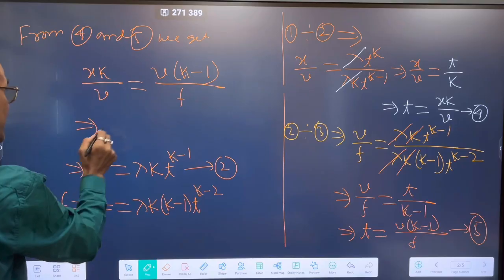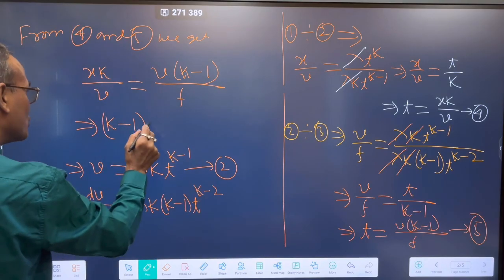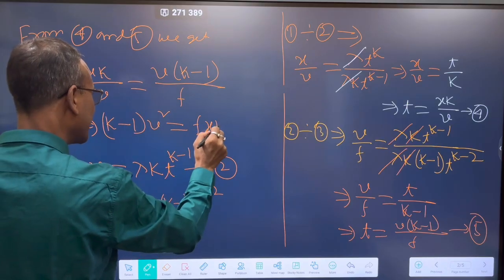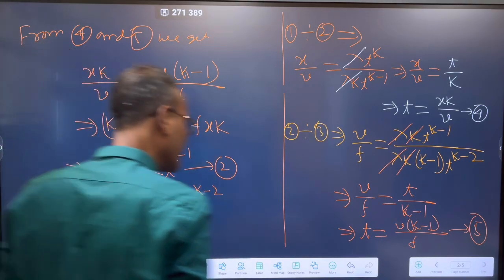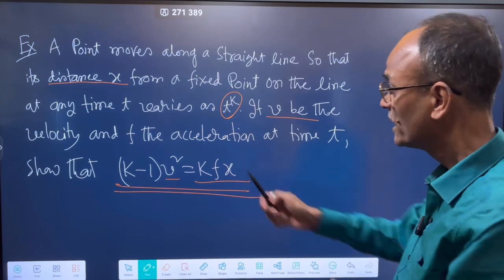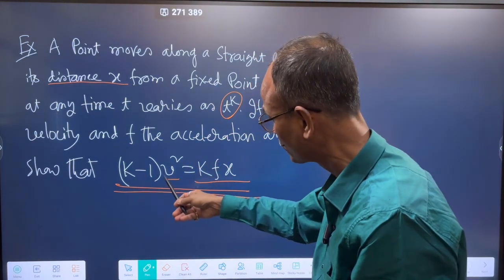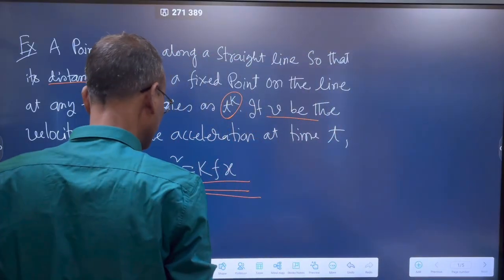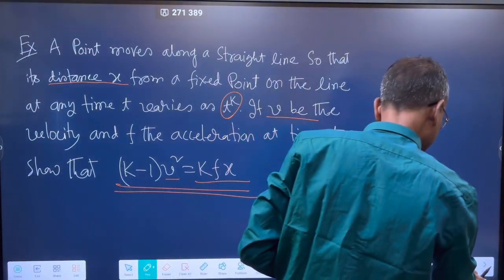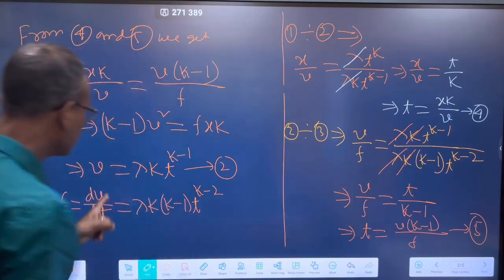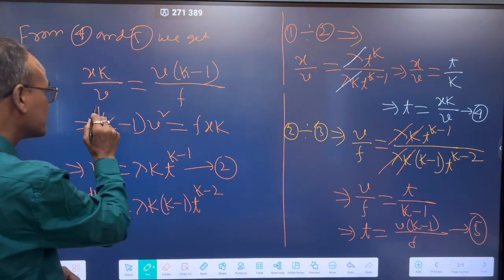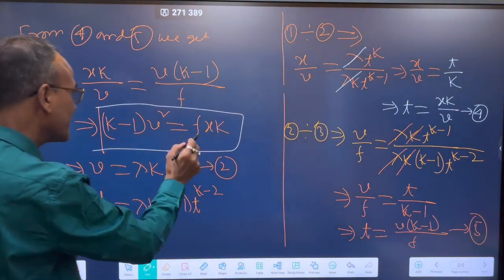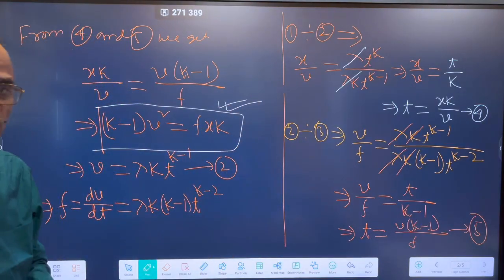This means k minus 1 into v square equals fxk. Now, we have to prove that k minus 1 v square equals kfx. We have solved this one.